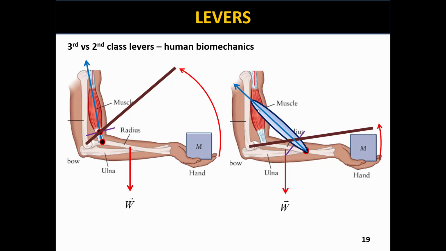So what we see here is that if we had redesigned the elbow as a second-class lever, the applied force is on the opposite side of the weight vector from the fulcrum, opposite to what we saw over here with the third-class lever. The muscle would actually have to produce less force to counteract this weight, whereas on the left-hand side this muscle would have to produce much greater force to counteract this weight.